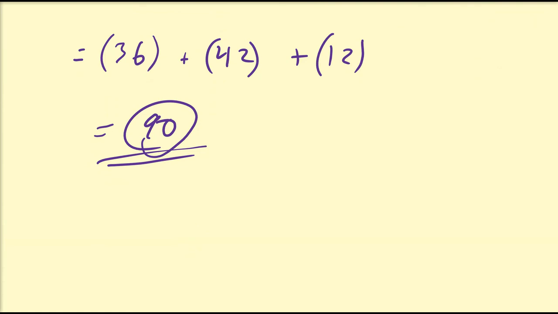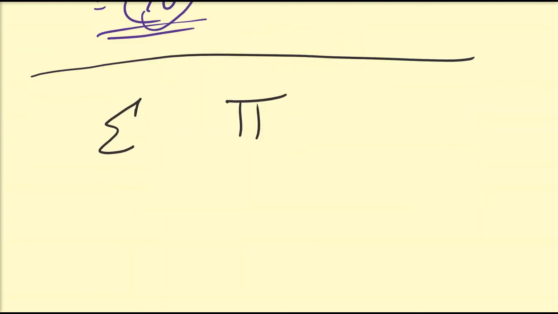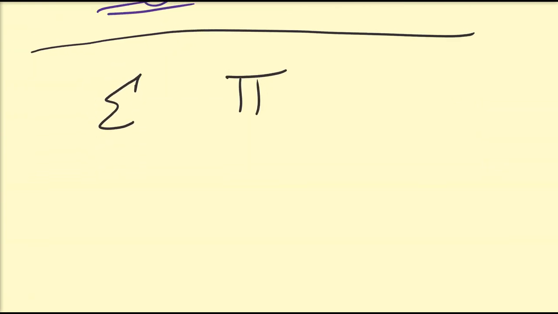So this is just a basic overview of how to use these notations, namely sigma and pi. Sometimes if you see the same sums with lower limit and upper limit, you may just see people express expressions like this without actually writing the limits.